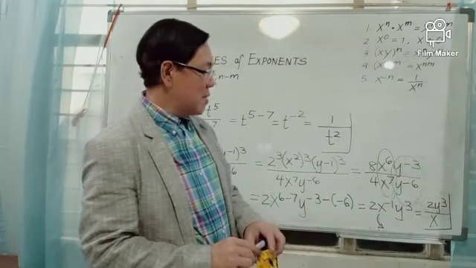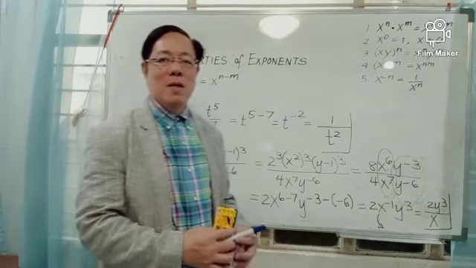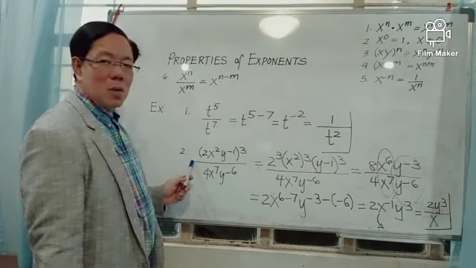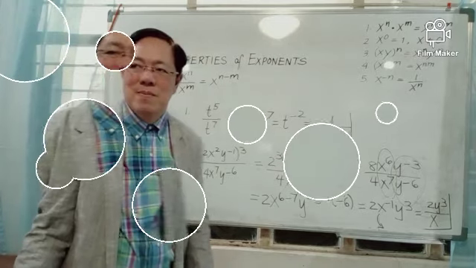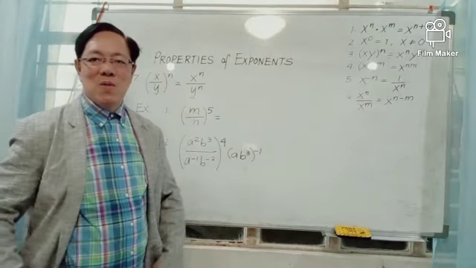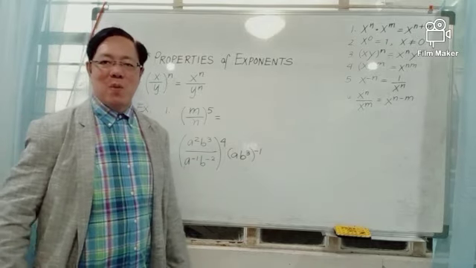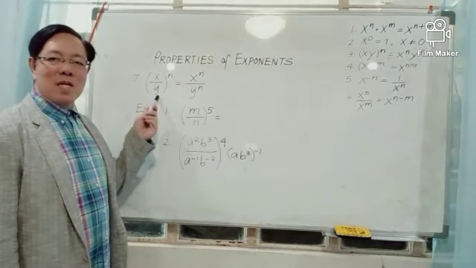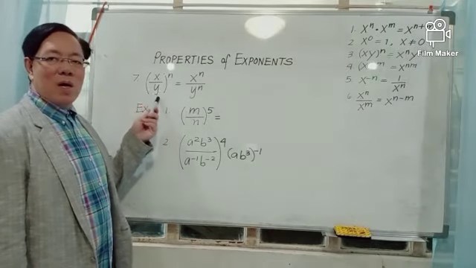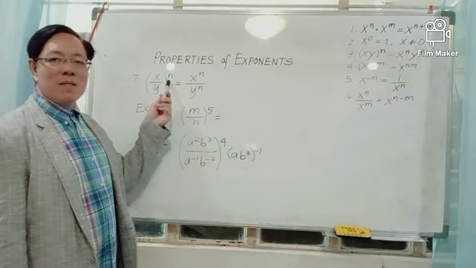That's the simplified form of the given quotient in number 2. We are down to the last property of exponent. In this property, we have a quotient of two variables, x and y, raised to an exponent n.